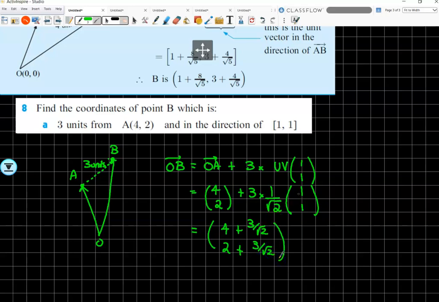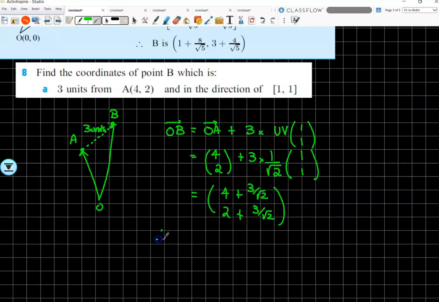Obviously if that was a 4, I would say 3 root 2 times 4. Got it? So therefore the point B would be 4 plus 3 root 2, comma 2 plus 3 root 2. And as I said, I would probably hit my calculator now to write it to 2 decimal places.